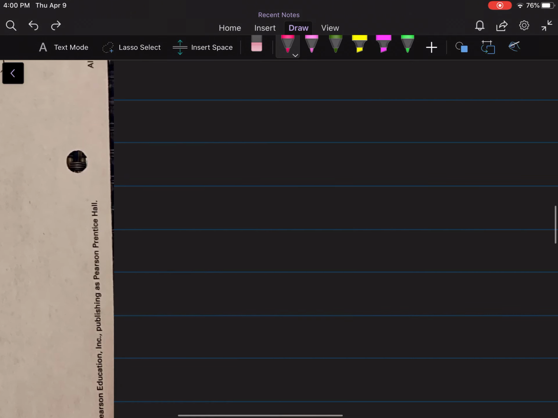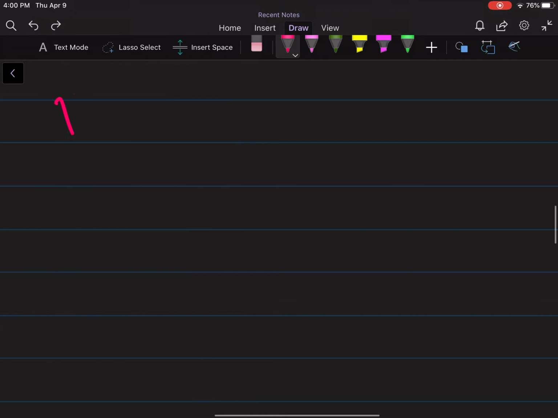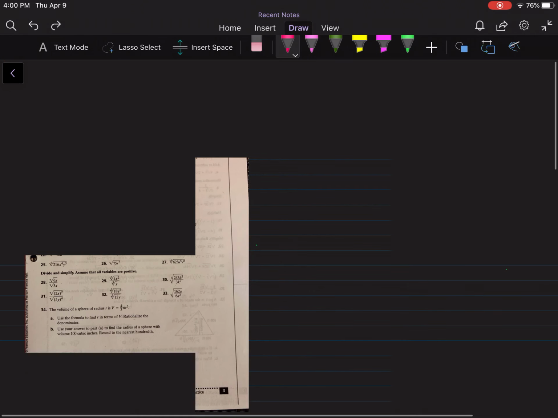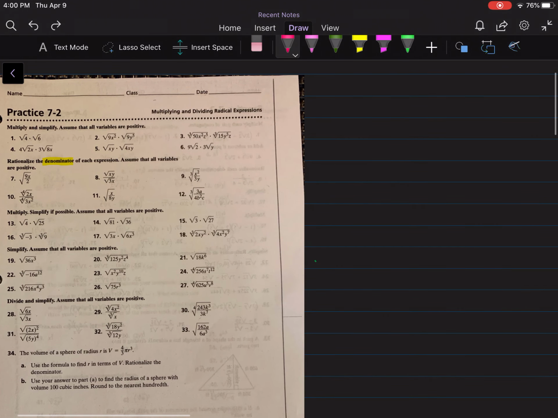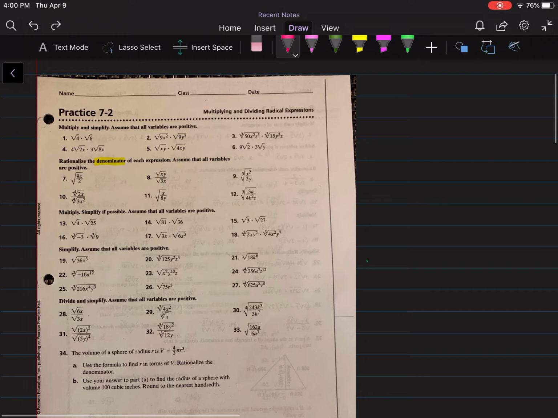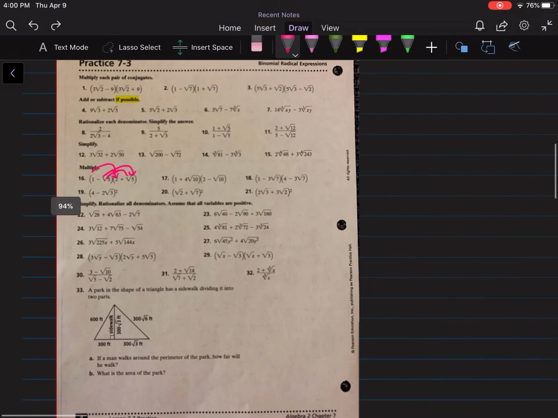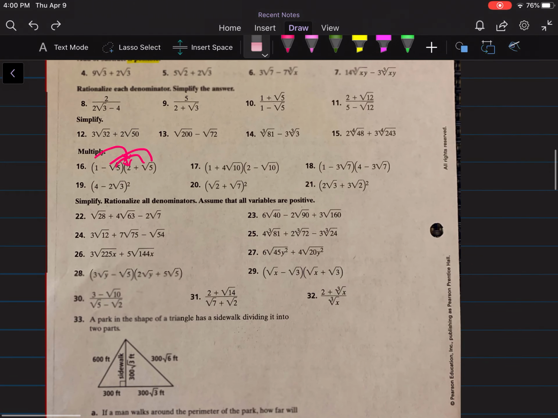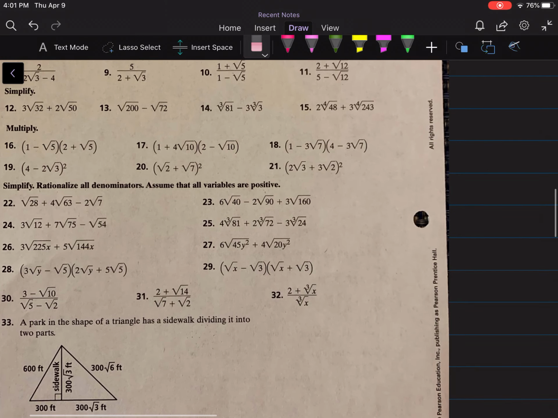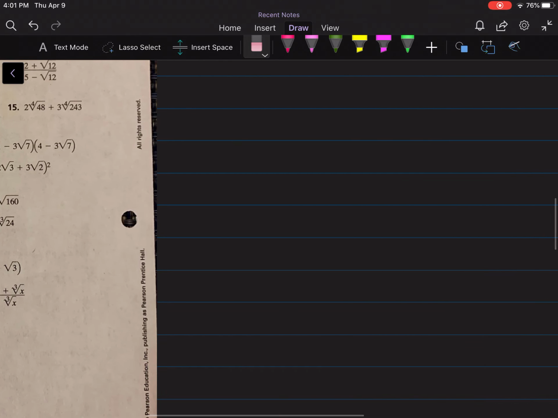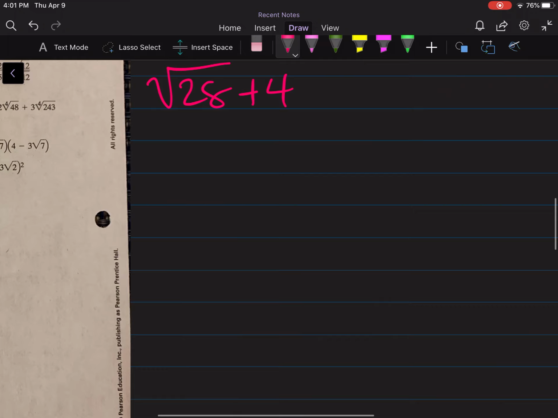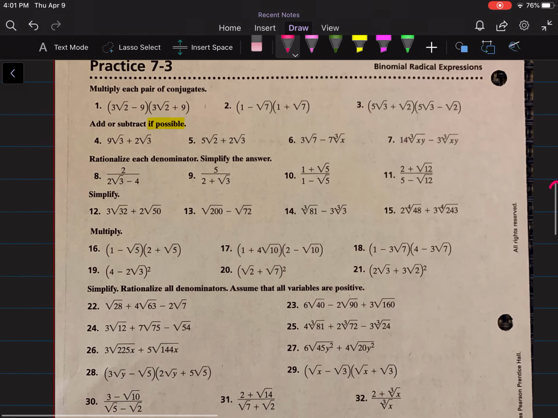So we have the square root of 28 plus 4 square root of 63 minus 2 root 7.